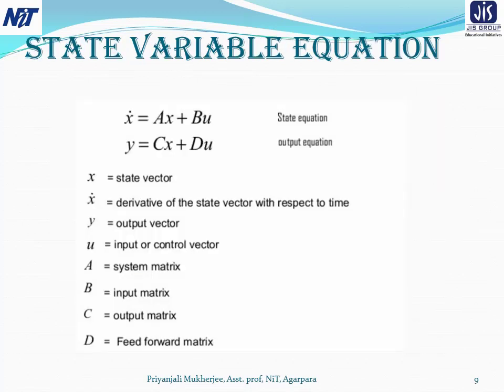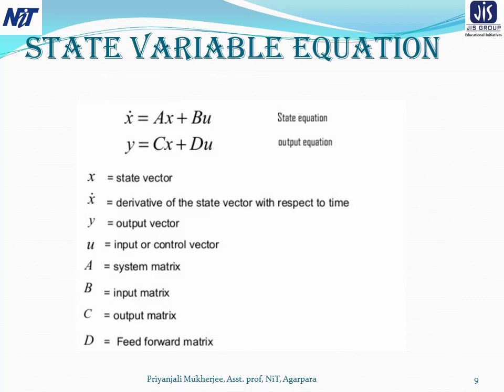Next is the state variable equation, which is very important for the state analysis of control systems. The system equations which can be written in the form of first order differential equations in the time domain are known as the state equation.